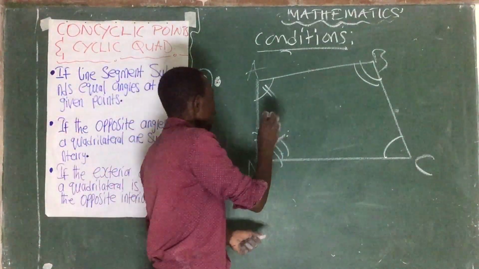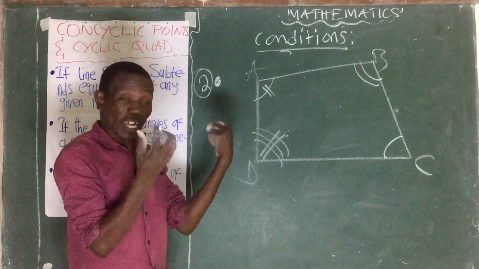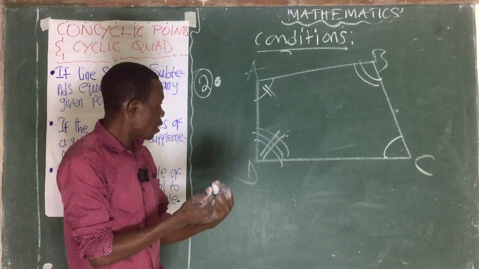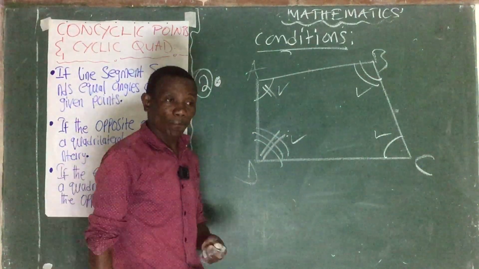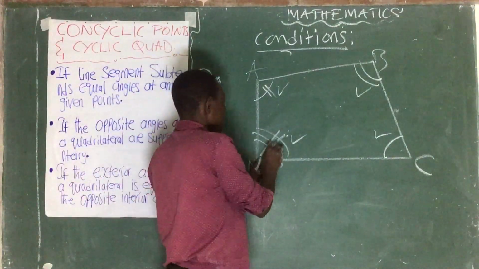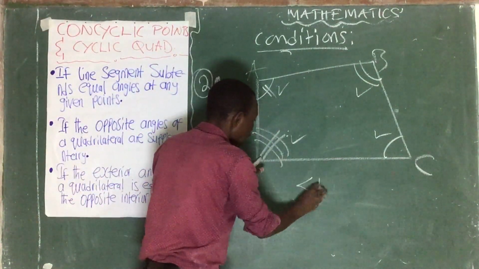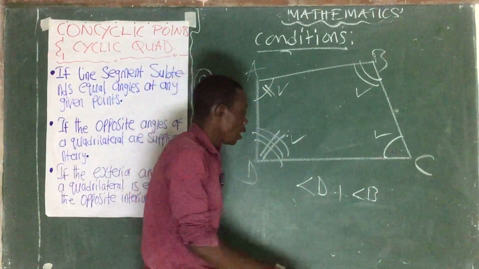So if you work out, maybe solve some angles within that quadrilateral, the interior angles. What is the value of this? What is the value of that? What is the value of this? What is the value of this? Try to add. If I add D and B, you try to add angle D and angle B, what do you get?